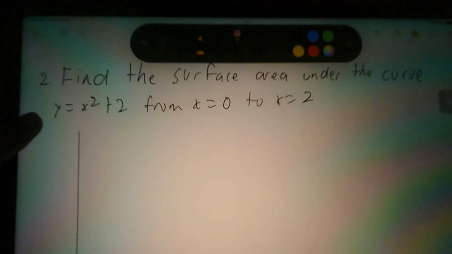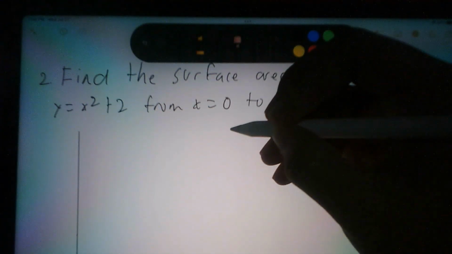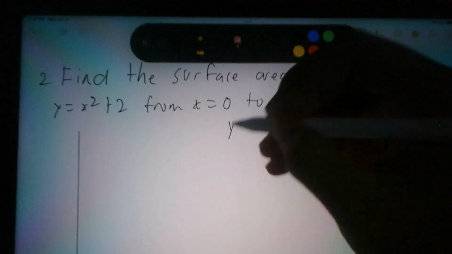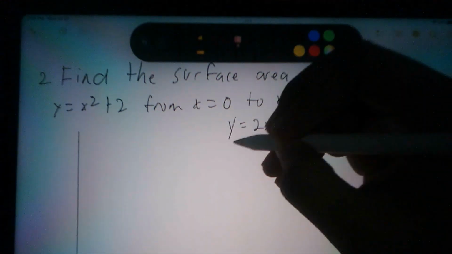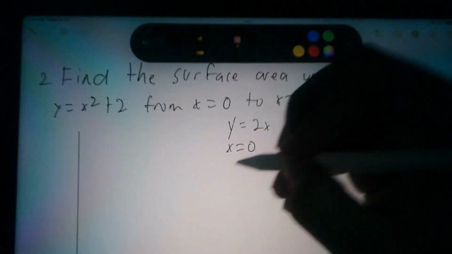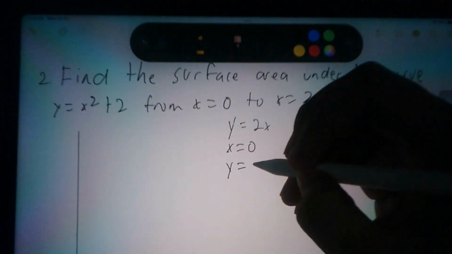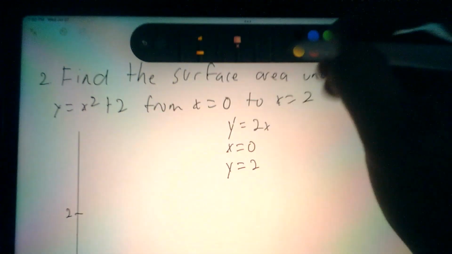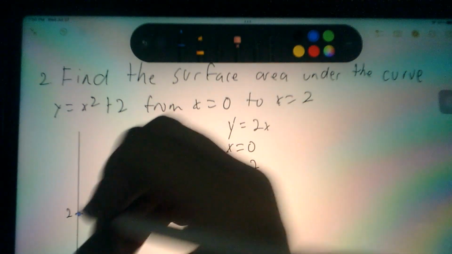Here we know that this is a parabola opening upward, but first we need to find its vertex. Let's differentiate this equation: y prime is just 2x, and if we equate x to 0, our y becomes 2. So this is 0 and this is 2, and our vertex is here.